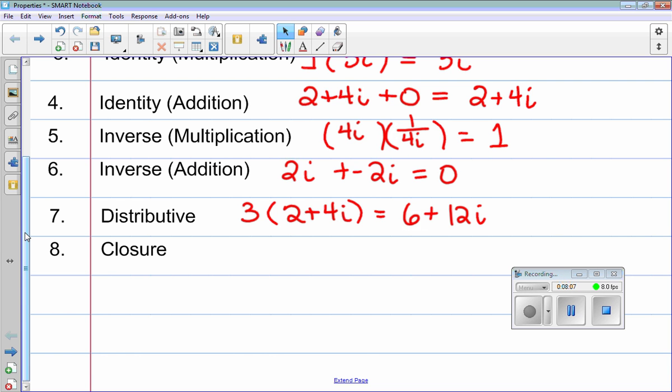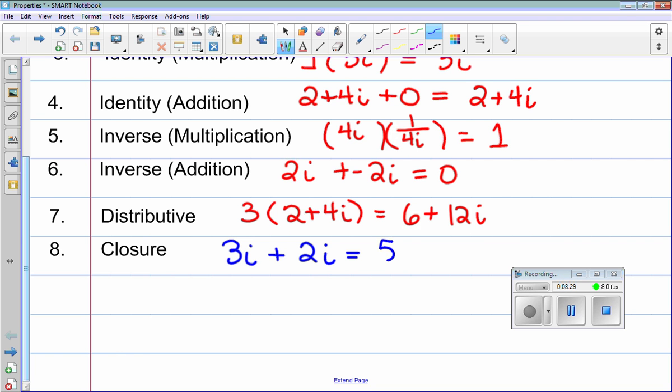If I take imaginary numbers and I add them together, will I get an imaginary number out? Yes. Here's an example of that. I would take 3i plus 2i. So I have 5i, which is an imaginary number, right? So it has closure. Okay? So that's what closure means. Two things added together, I get the same kind of number out.